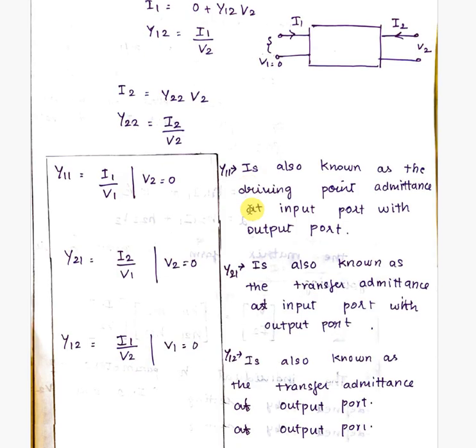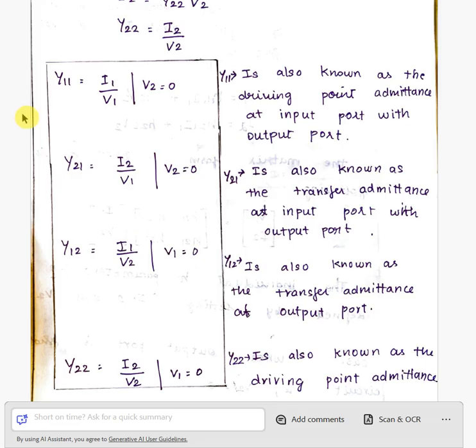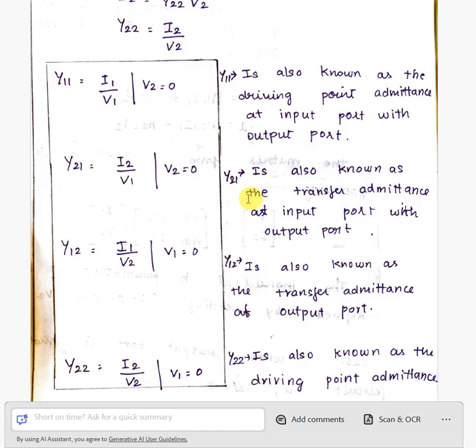So after substituting all these values, this will be the final admittance value: Y11 equal to I1 by V1, in this case the output port is short circuited, and then Y21 equal to I2 by V1. The same thing is written for the remaining two terms.